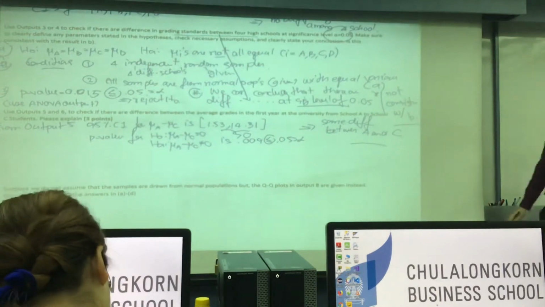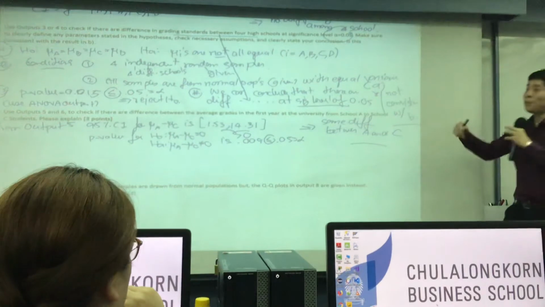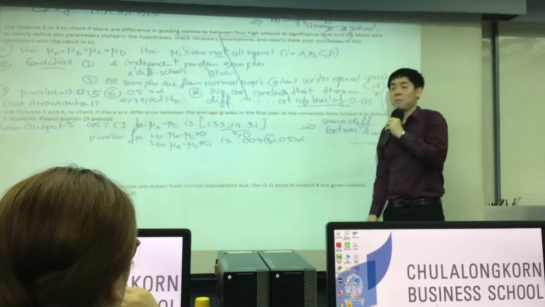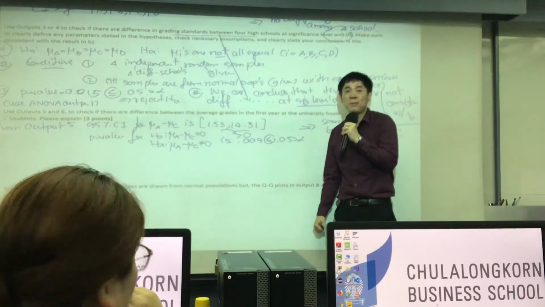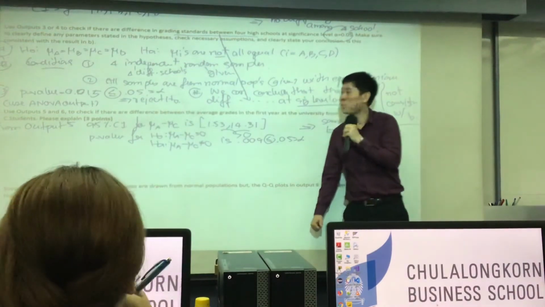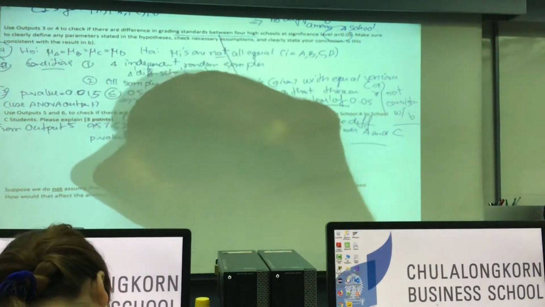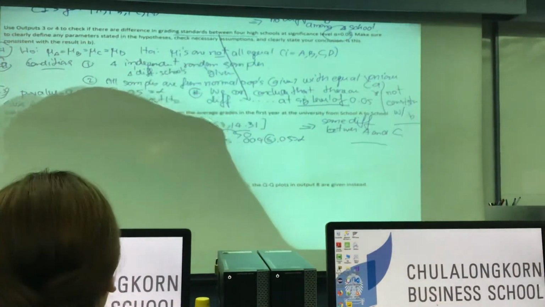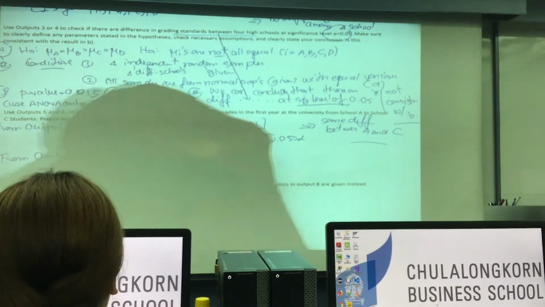Right? Yes? Do we have to use both of those to get full marks in the test? This is my answer. You can just pick one. I write down because I have to write all possible answers for you. But this is option 1, this is option 2. Or you can use output 6. Right?